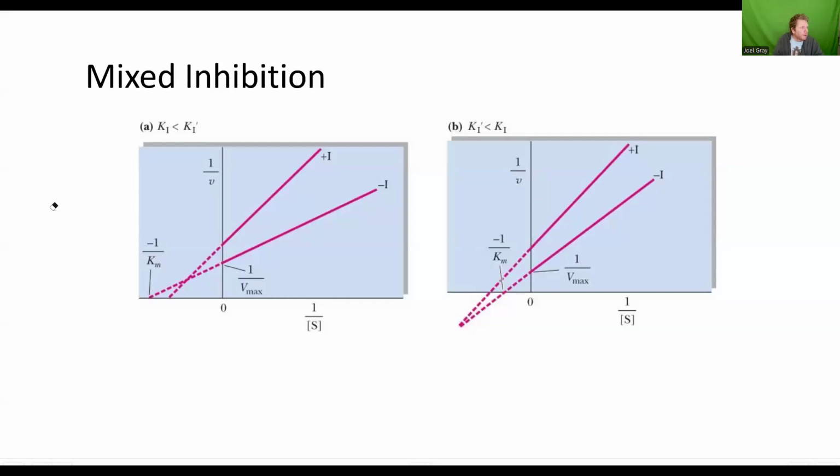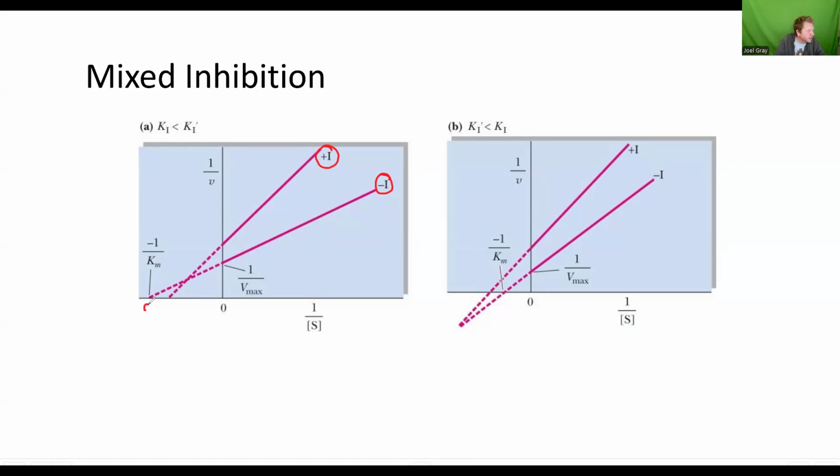Now, what I want you to look at here is this plot right here shows our inhibitor is absent, so it's unchallenged. Then we look at this one. What happens to our Km? Well, the x-intercept gets closer to 0. What I prefer to do here is put numbers down.